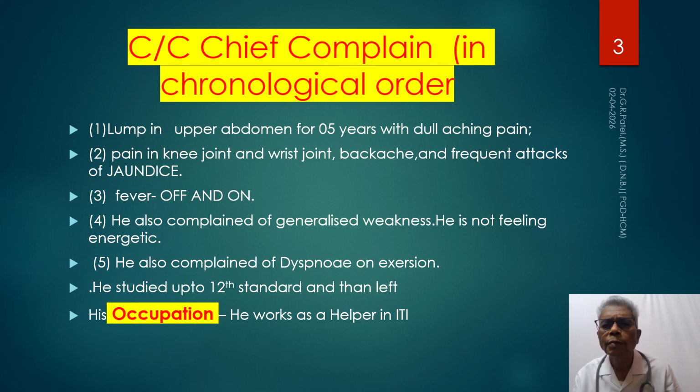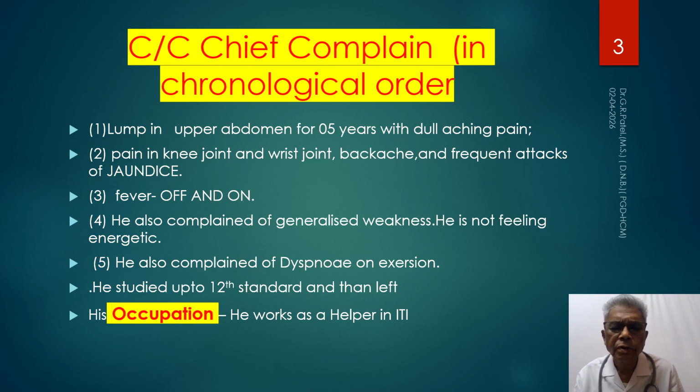The lump in abdomen is most likely to be the spleen because spleen is the site for RBC destruction and it gets enlarged. Spleen develops repeated infarcts and develops hypersplenism. Then the spleen is to be removed.